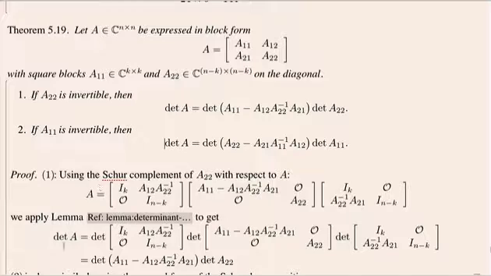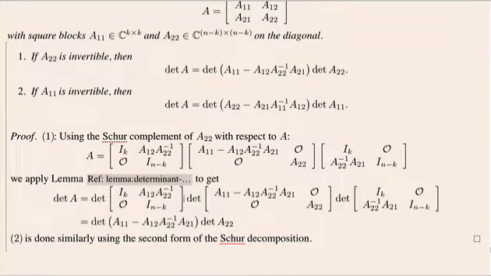Once we decompose A this way, we calculate the determinants factor by factor, and we can use the previous lemma because we have upper and lower triangular matrices. The regular upper triangular matrix has ones in the diagonal, so its determinant is 1.